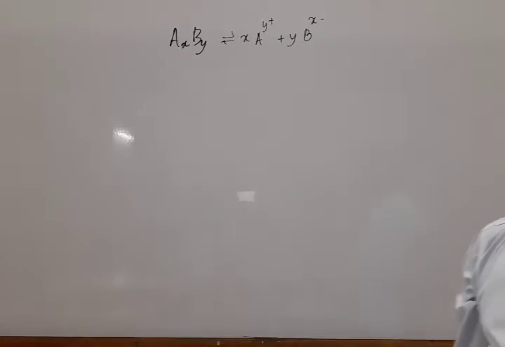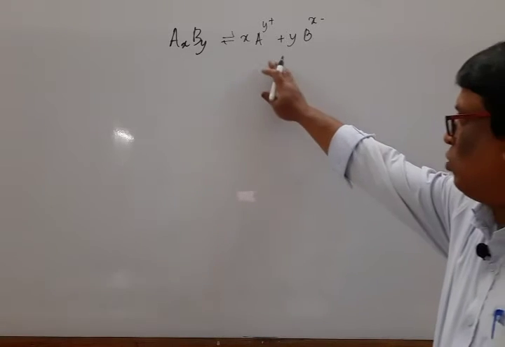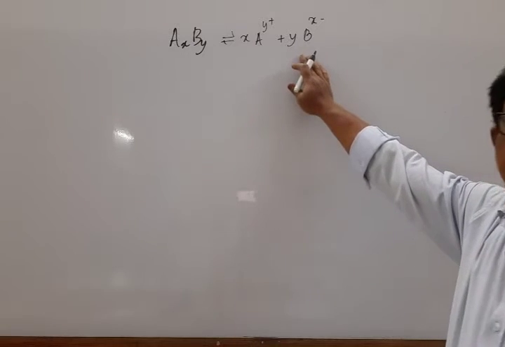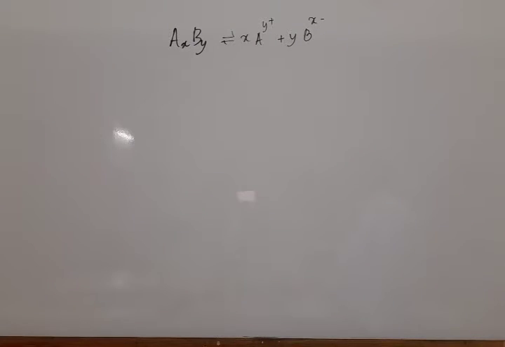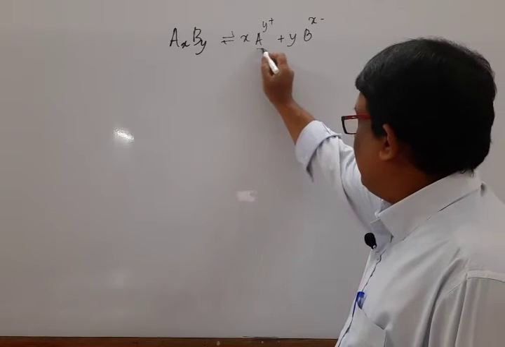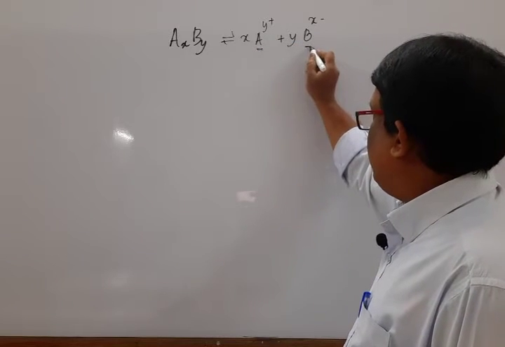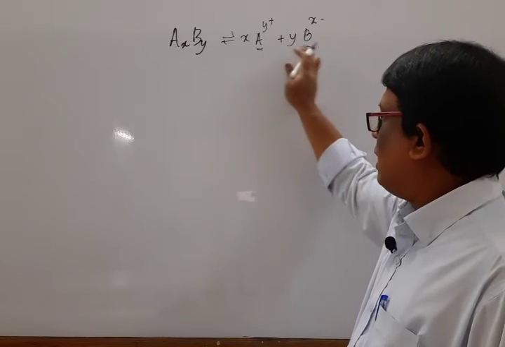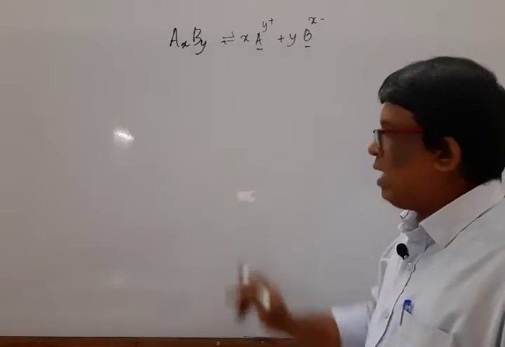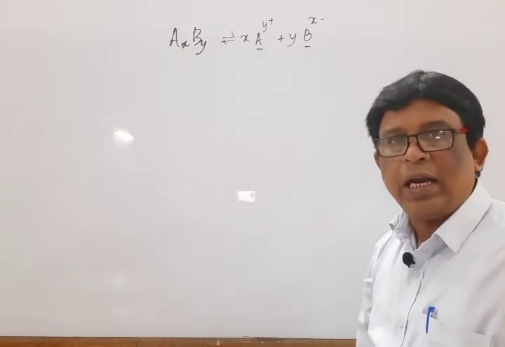Let us consider a sparingly soluble salt AxBy which ionizes as x A^(y+) plus y B^(x-). Here A^(y+) and B^(x-) are known as the cation and anion, and x, y are the numbers of cations and anions.